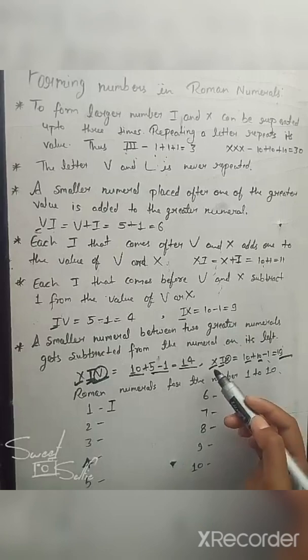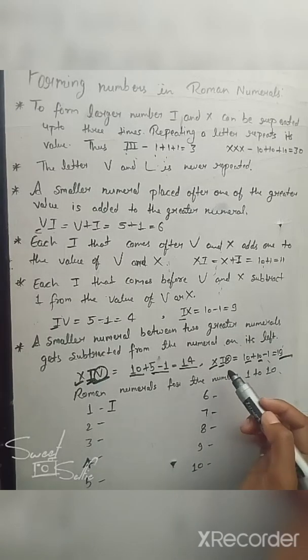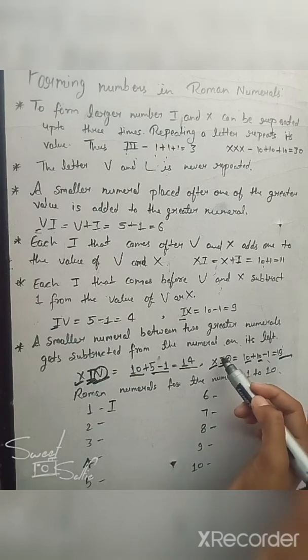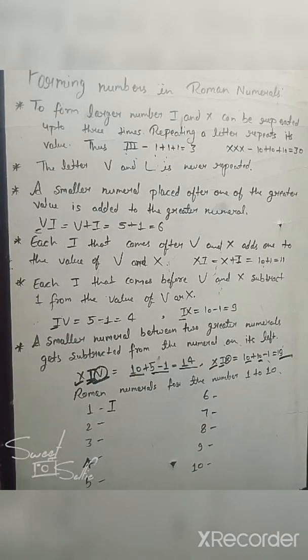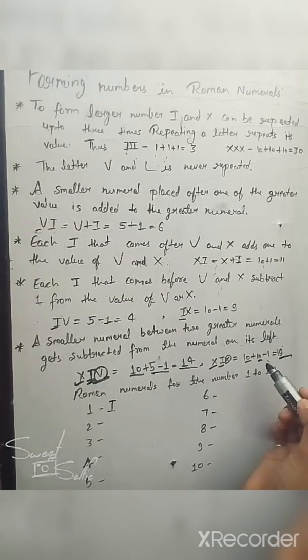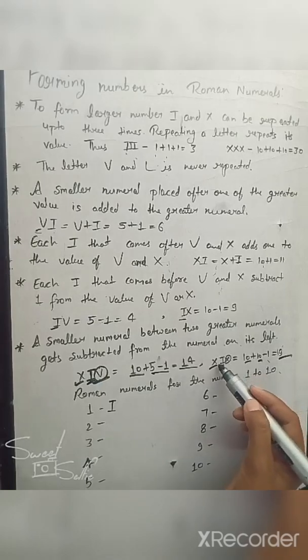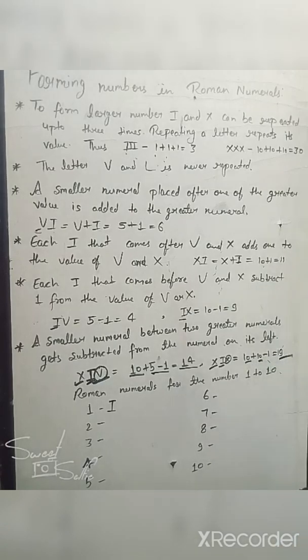First X value is 10 and again now we will subtract 1 from 10. Next X value is 10. So we have to subtract I from X means 10 minus 1. So 10 plus 9 is equal to 19.